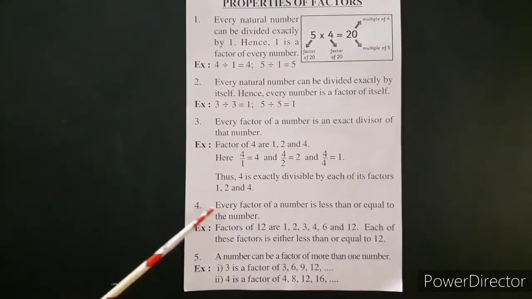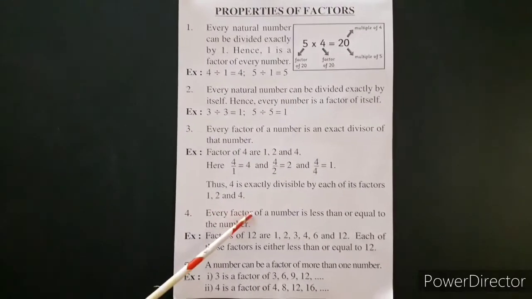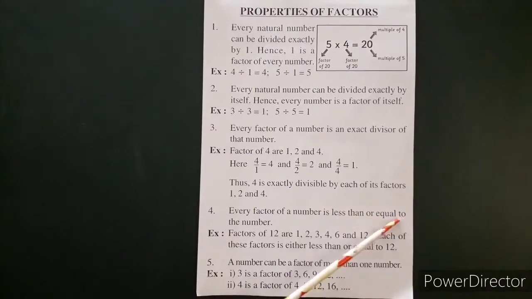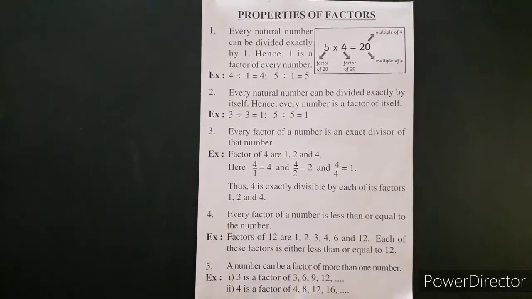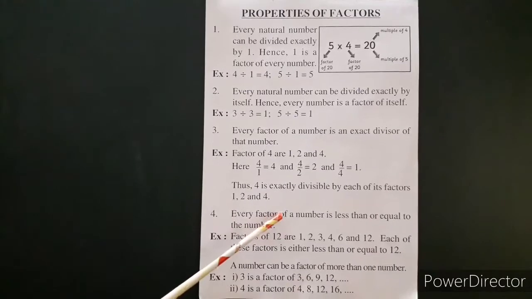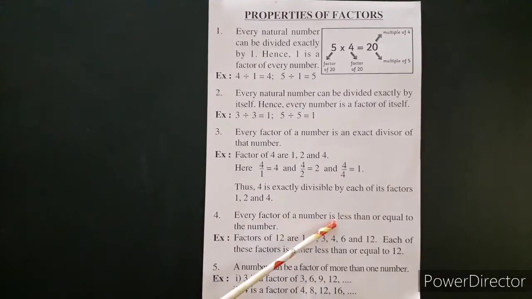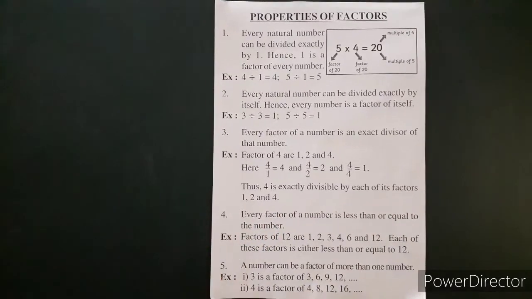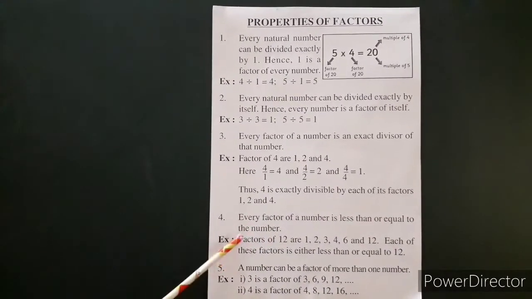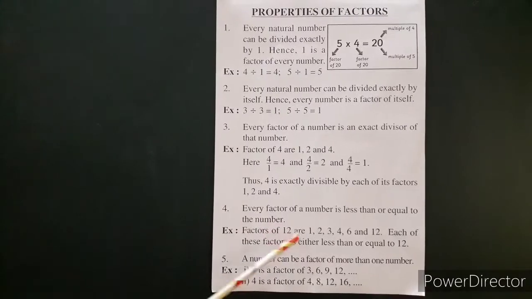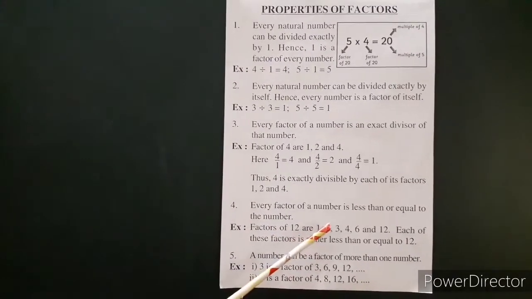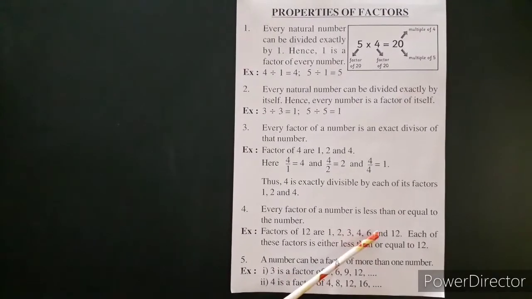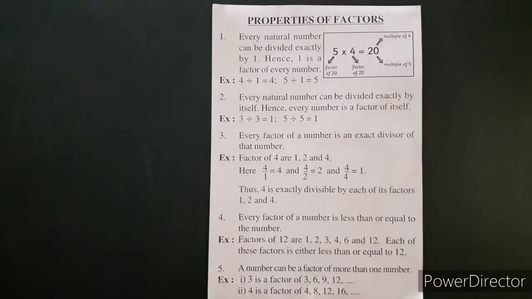Fourth property: every factor of a number is less than or equal to the number. Example, factors of 12 are 1, 2, 3, 4, 6 and 12.